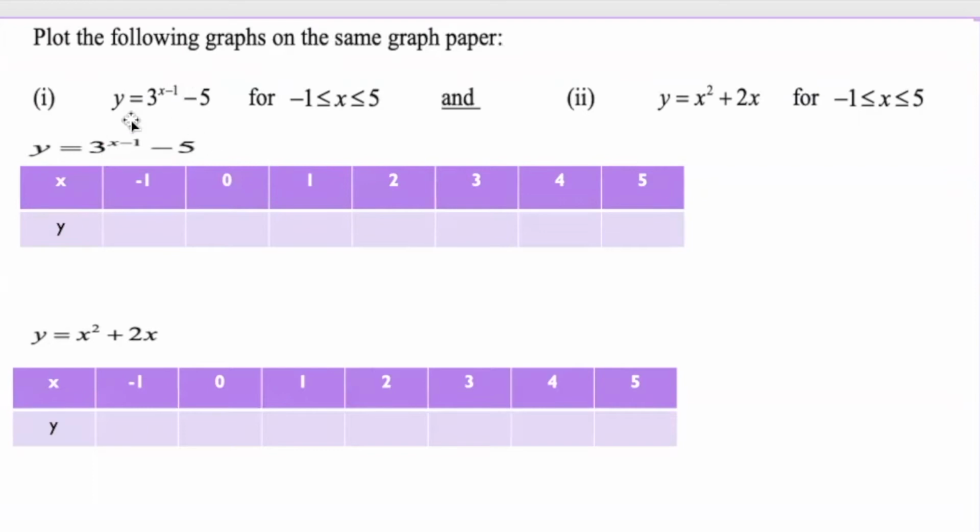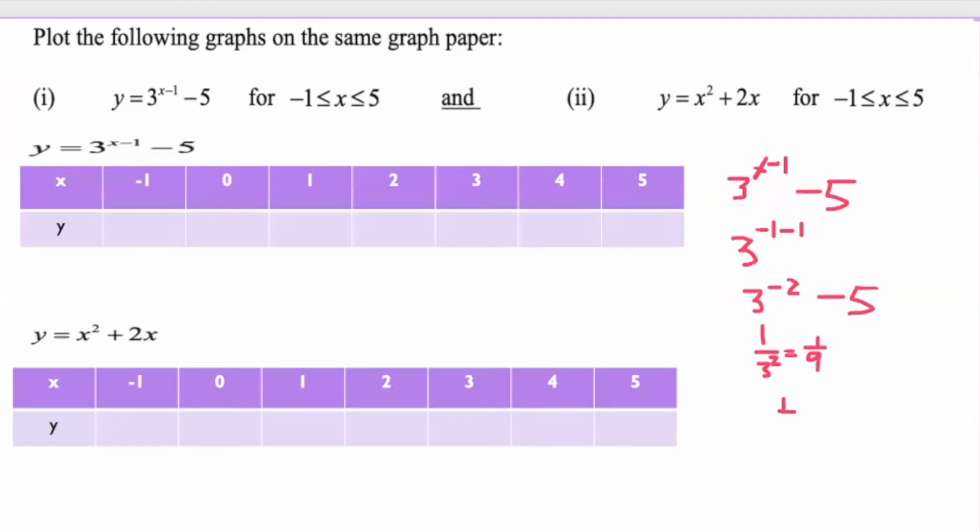So now I'm going to replace the x values here. So I have 3 to the power x minus 1, minus 5. When x equals -1, that's the first x value, I will have 3 to the power -1 minus 1, that is 3 to the -2, then minus 5. 3 to the -2, if you don't have your calculator to work it out, is the same thing as 1 over 3 squared, which is 1 over 9.